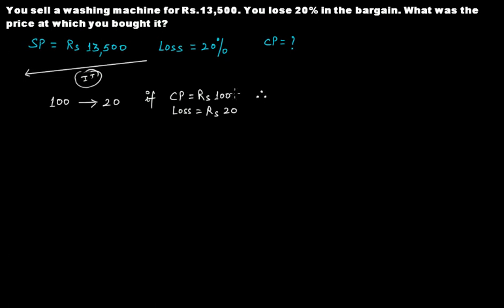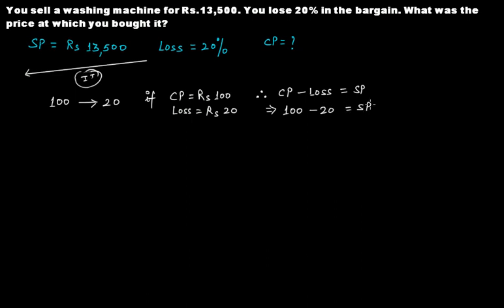Therefore, at this condition, what will be the selling price? Of course, selling price in this case is your cost price minus loss. Cost price is 100, loss is 20.